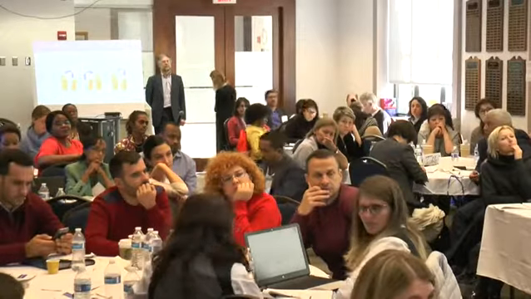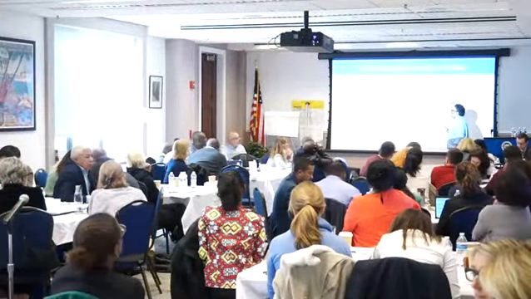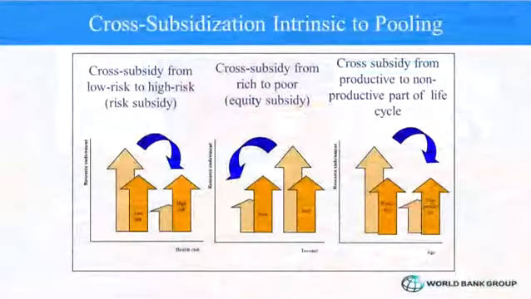And just to summarize, as we've already talked about, prepayment pooling works because there's an intrinsic pooling of risks. There's an intrinsic cross-subsidy from low-risk to high-risk individuals in terms of health. There's also an equity subsidy, if you can make people who are poorer prepay smaller amounts. And also in some cases, you're doing a cross-subsidy over time, by age.